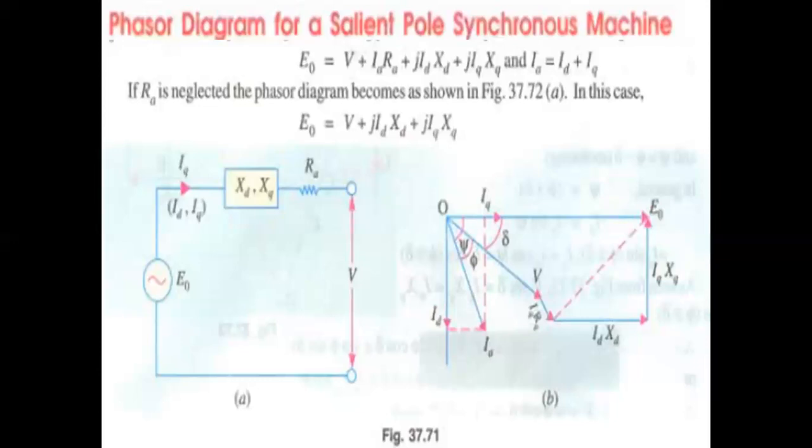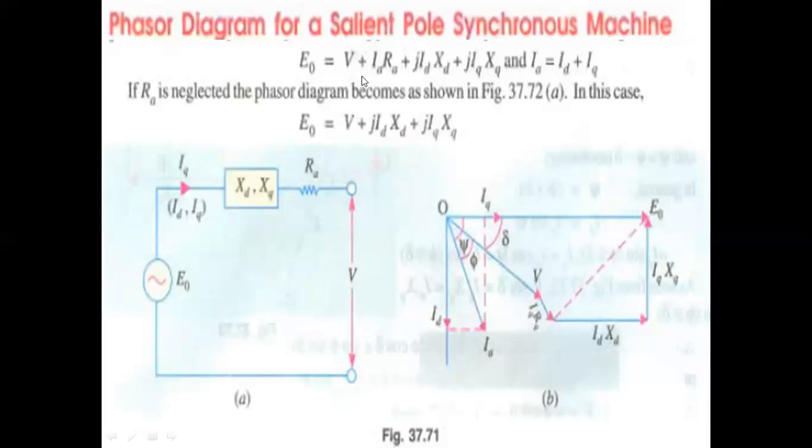Phi is called the internal power factor, and there is a vector for the armature resistance drop IA RA, drawn parallel to IA. So from V, I am drawing IA RA.